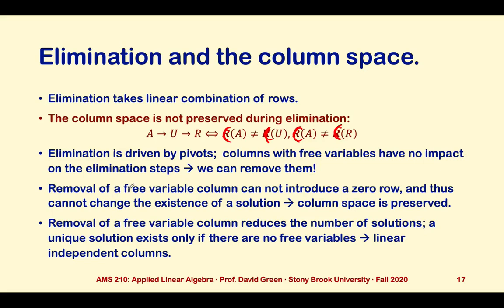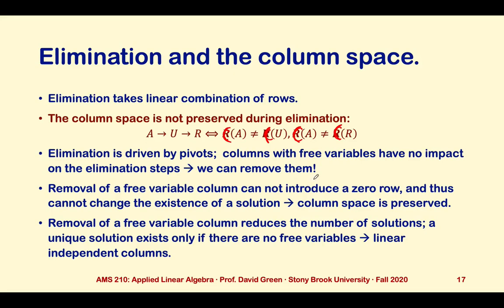If we were to do this, remove free variables in this way, removing free variables can't introduce a 0 row, right? Because they don't have pivots, they can't include the first non-zero entry in a row, which means removing a free variable column can't make a row become 0.